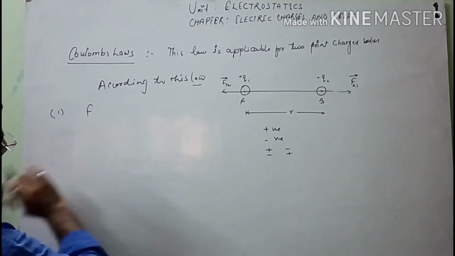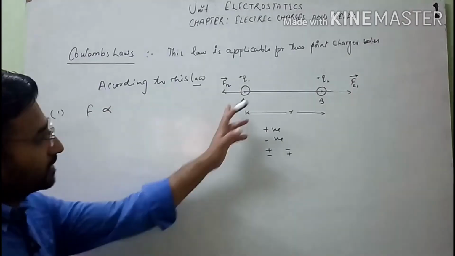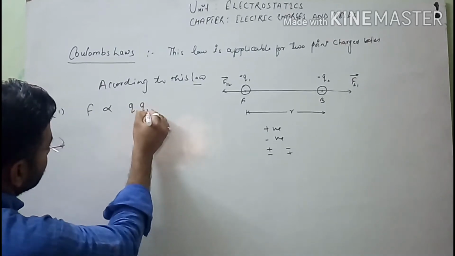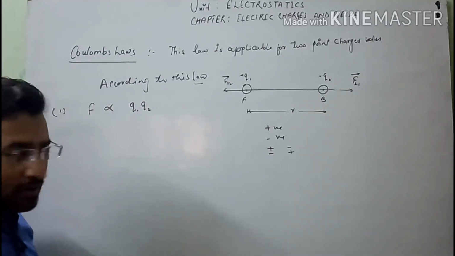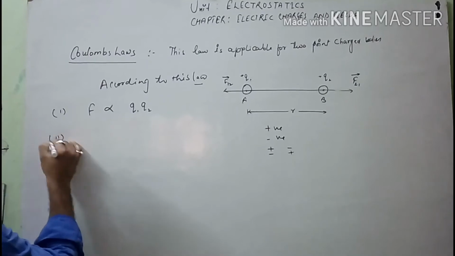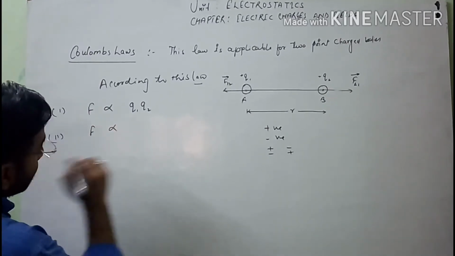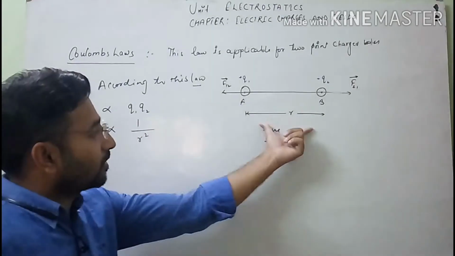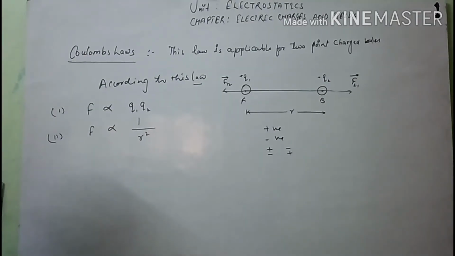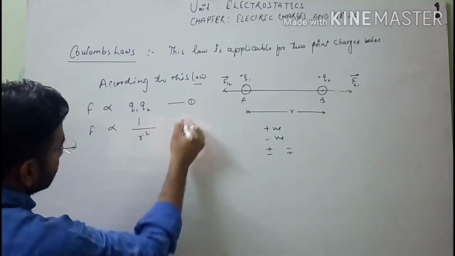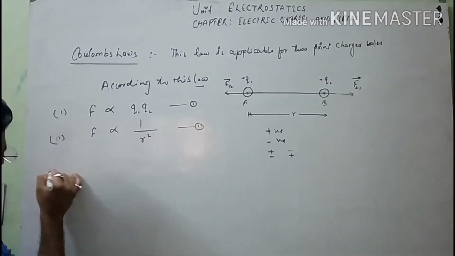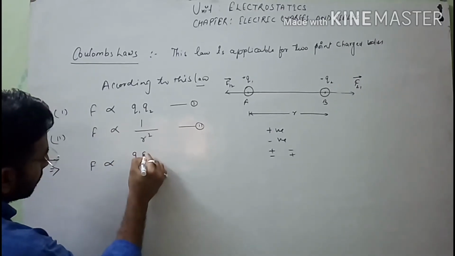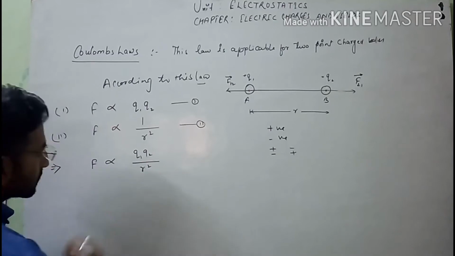Clear? So the force of interaction between these two point charges is directly proportional to the product of their magnitudes. And second, the force of interaction between these two charges is inversely proportional to the square of the distance of separation, which is R here. After combining these two situations, we see that F is proportional to Q1 Q2 by R square.